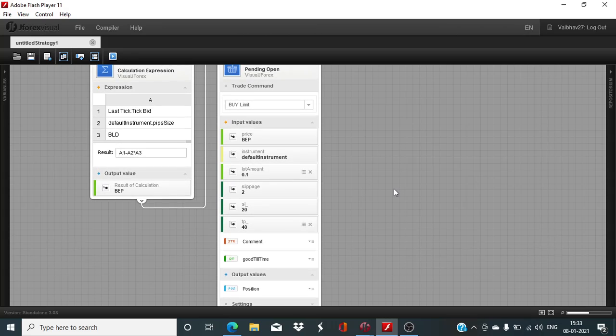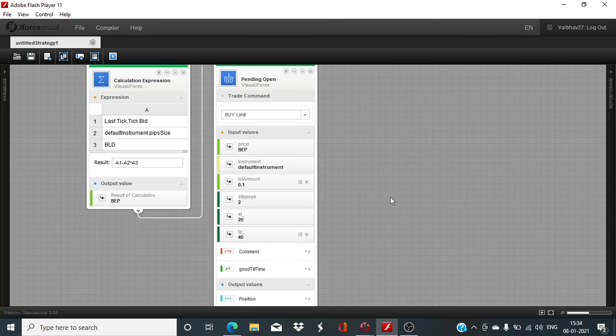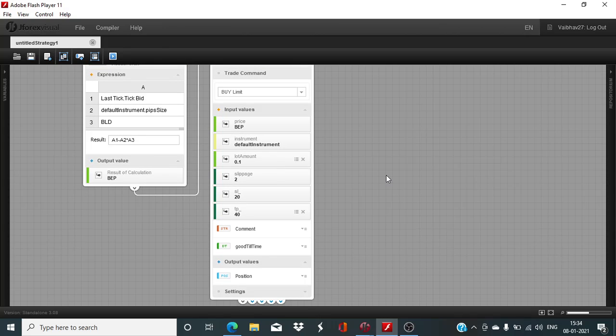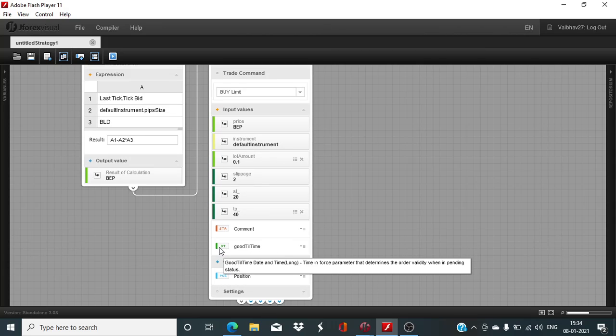Now the time till validity is important, whether you want your order to be valid for 1 minute or 1 hour or 2 hours, or you can even keep it in fraction of hours, like half an hour or 15 minutes. So all you need to do is again carry out the required calculation, create this new variable, and then put that value generated here.